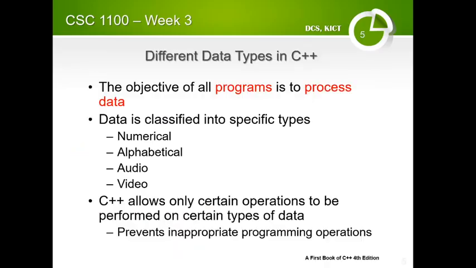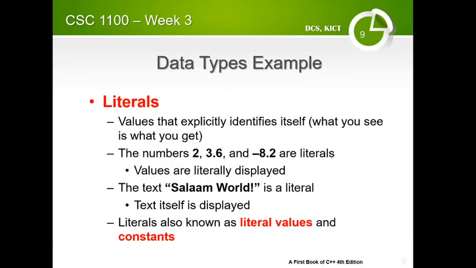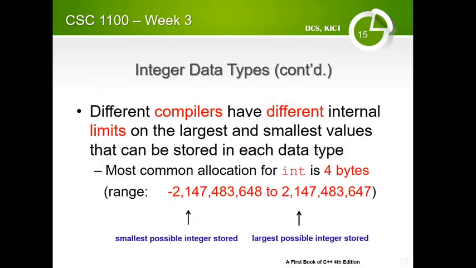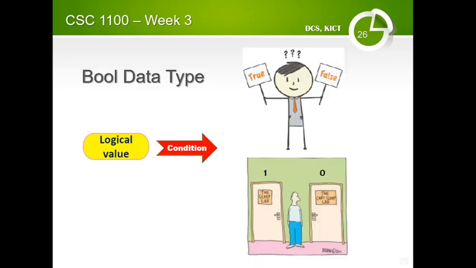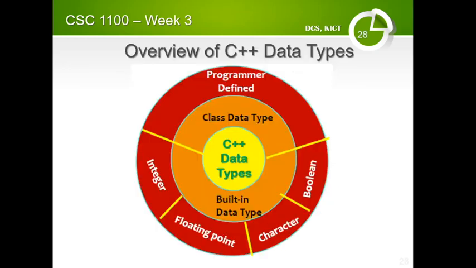So what we're going to do is zoom into certain topics, and what I want to show you and remind you about is the data types, right? So in C++, as an overview of the C++ data types, there are several different data types here.